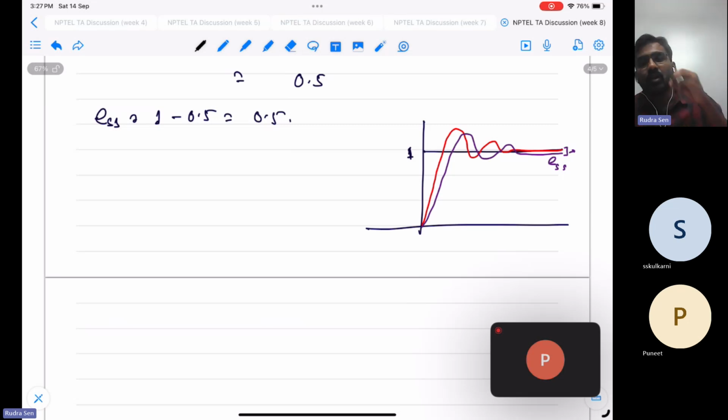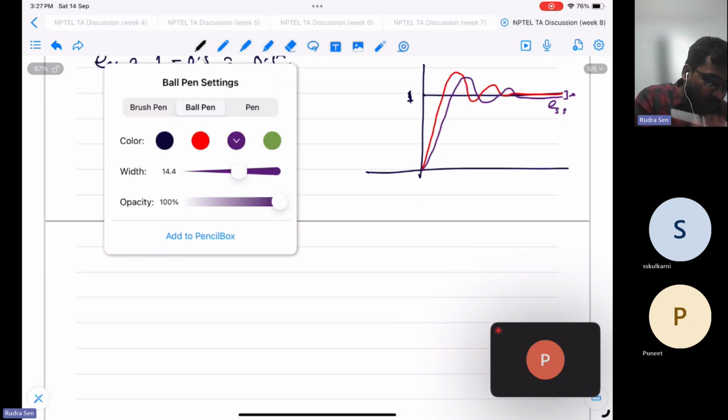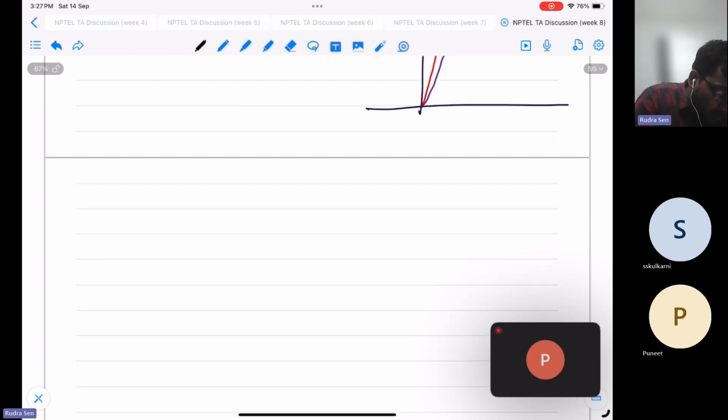That means we have to design some integral controller or something else which reduces steady state error.